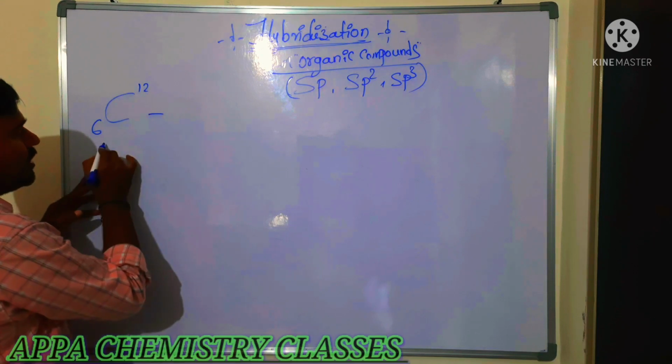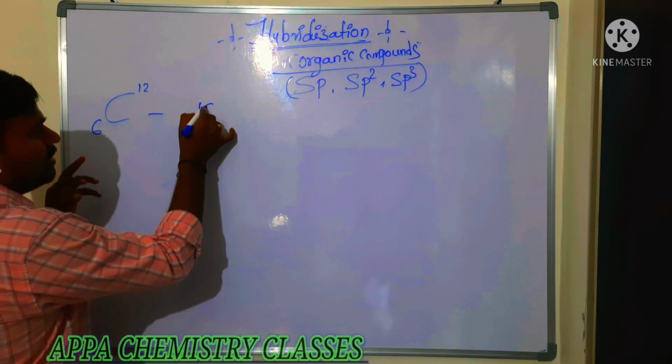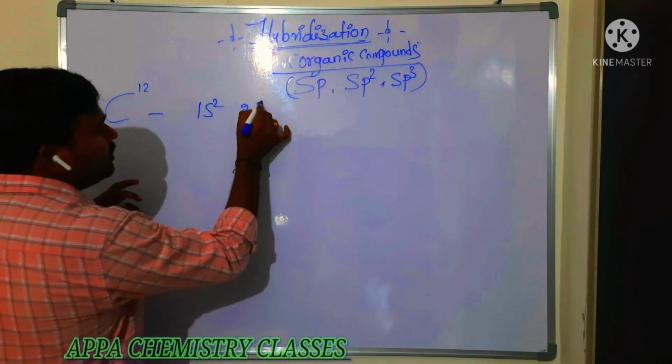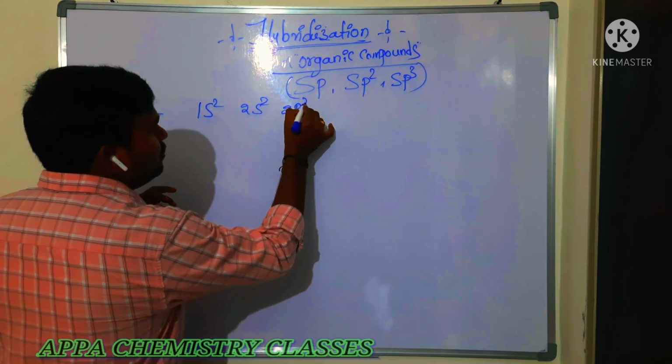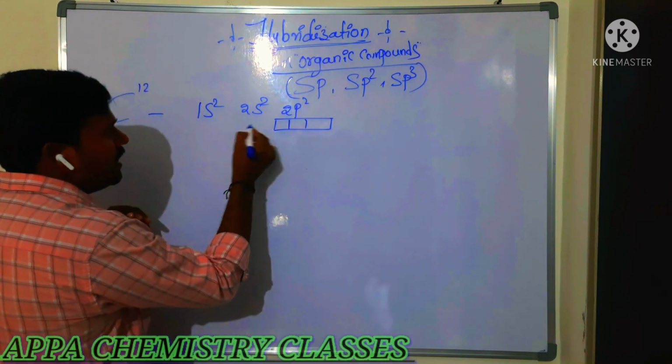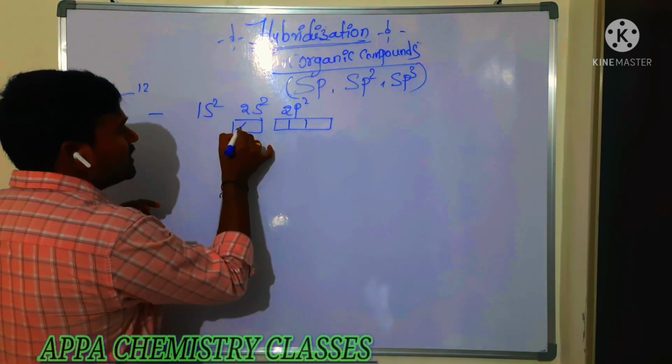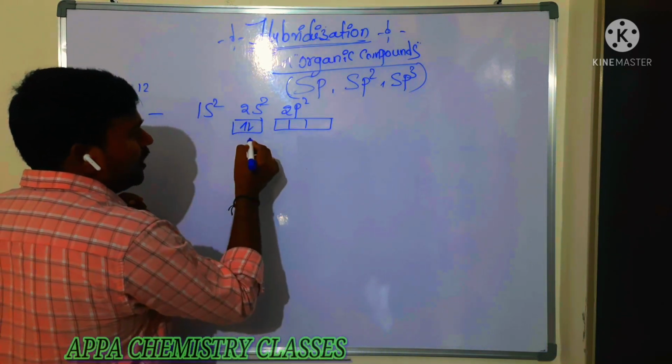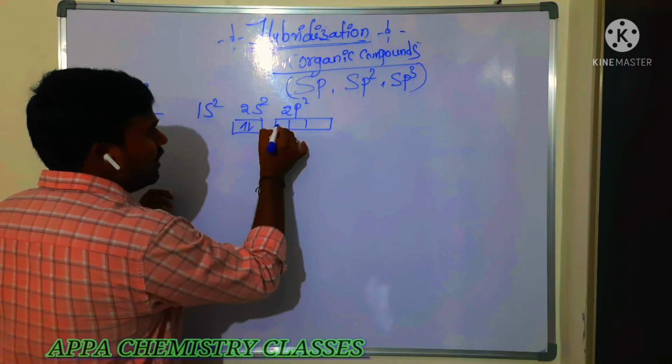The carbon atomic number is 6, mass number is 12 amu. Its electronic configuration is 1s2, 2s2, 2p2. The 2p subshell has 3 p orbitals, and the 2s subshell contains 1 orbital.